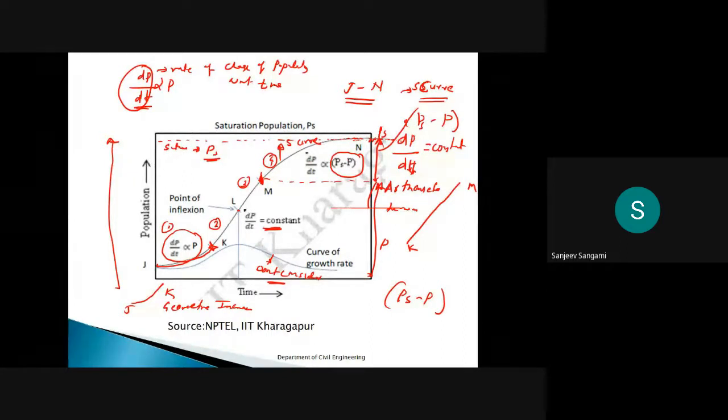The logistic curve consists of a mixture of the arithmetic and geometric increase methods, followed by the saturation population PS, and how exactly the curve can be calculated. It looks like an S curve.